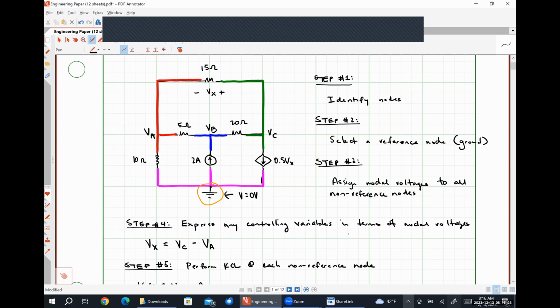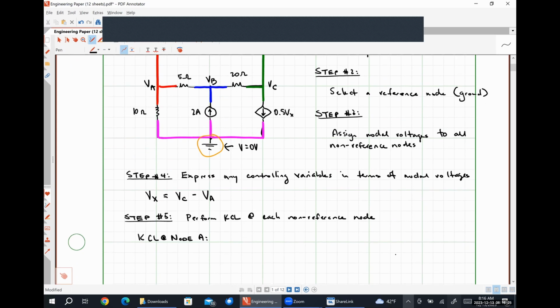So now we can get down to performing Kirchhoff's current law. So I'm going to write KCL equations such that the current will be leaving my node of interest. So when I'm writing my KCL equation at node A, all I'm doing is really adding these three currents together. They're all leaving node A, and then I'm setting them equal to 0.